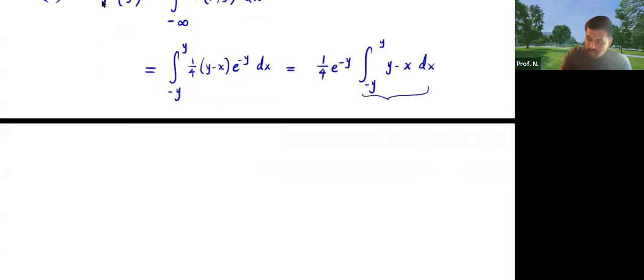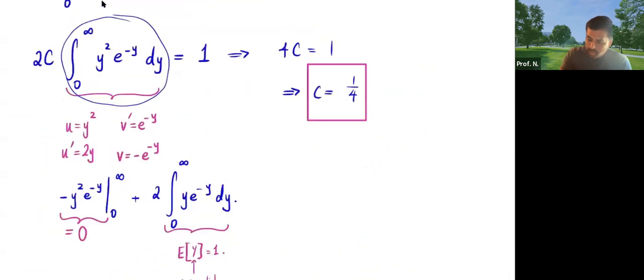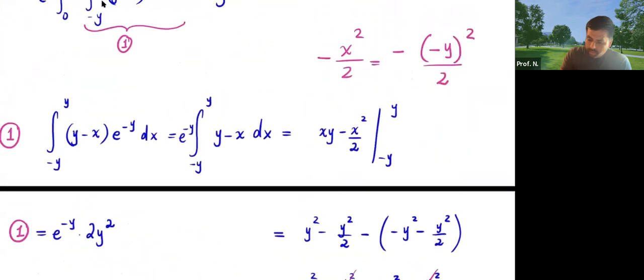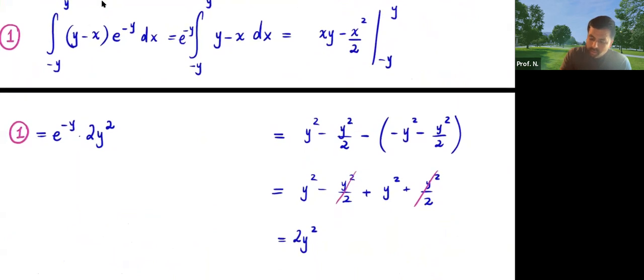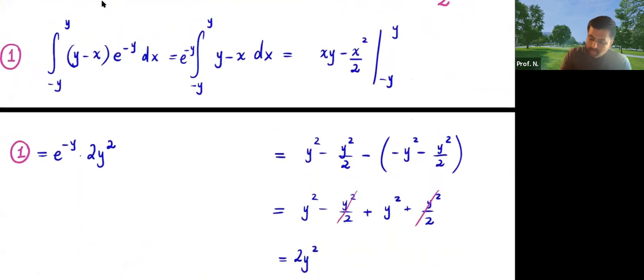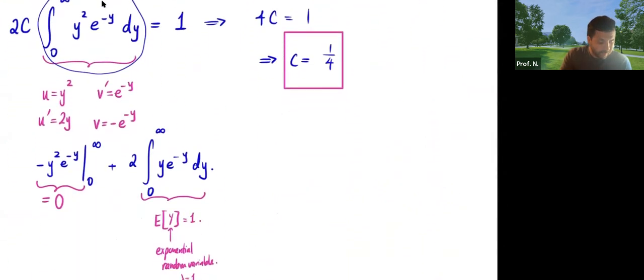So you can factor out the 1/4 e to the negative y and just integrate from negative y to y of (y minus x) dx. And this here is the same thing we did already. We already did this integral. And what did you get? 2y squared?